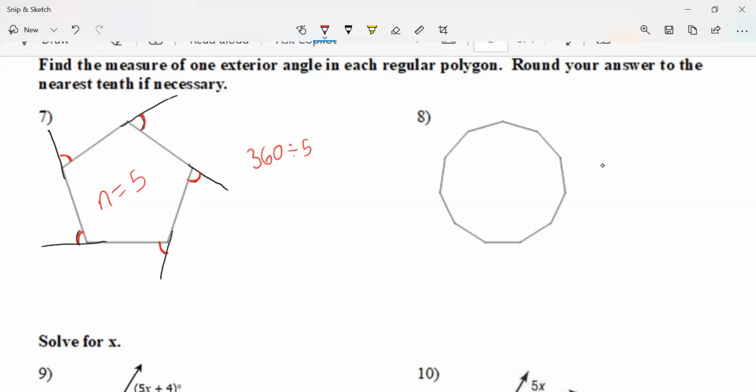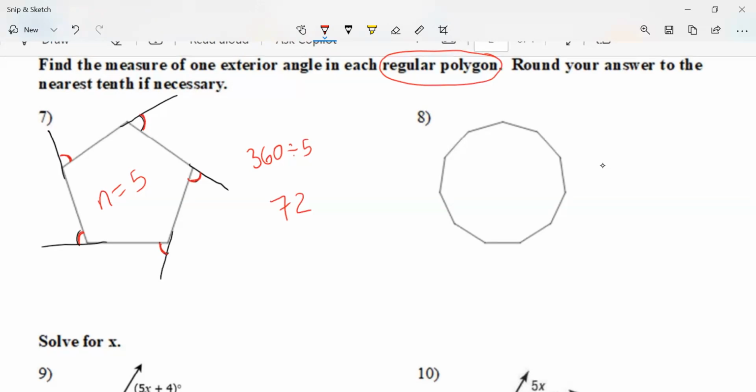That's why we said 360, because it creates a circle. There's 5 of them, and they're all the same measure because this is a regular polygon. So 360 divided by 5 means each of them is 72 degrees.